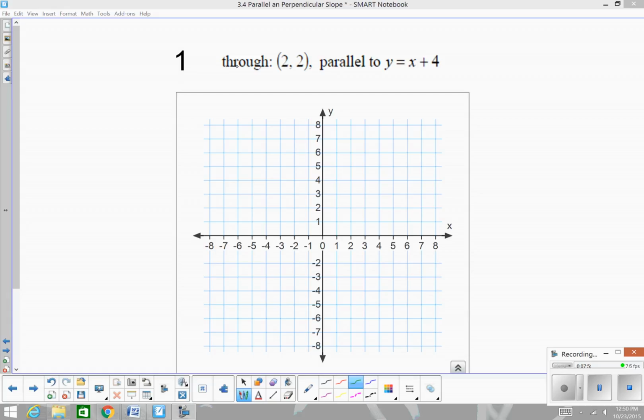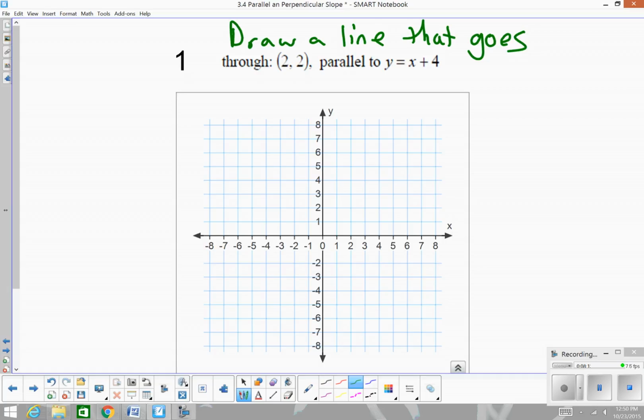So I'm going to draw a line that goes through the point 2, 2 and parallel to y equals x plus 4.